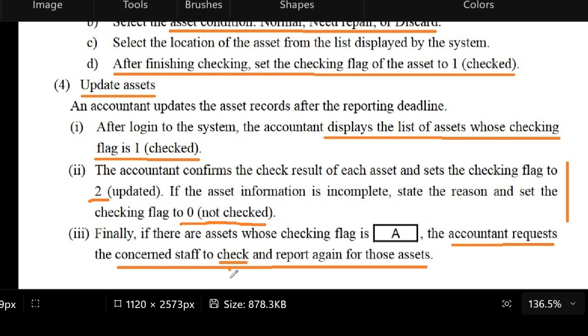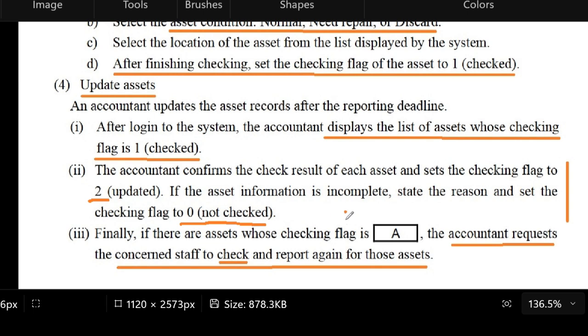I put the emphasis here on check because we need to check these assets, recheck them, and re-verify so that we'll know if they're there or not.